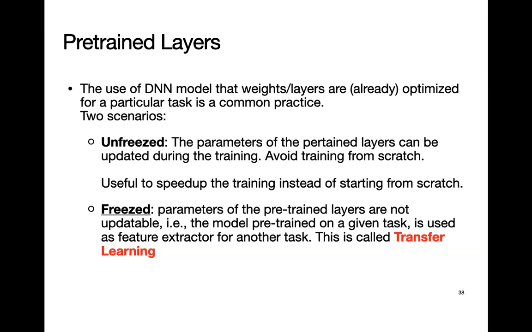You have a model that has learned something before. If it is convolutional layers, this means that it has learned some low-level features that can be put together to give some high-level features. So how can we leverage those low-level features that we learned before on a different task? That's what we call transfer learning. You do not update those pre-trained layers, but you just update on the new task. You use the pre-trained layer as a feature extractor, for instance.